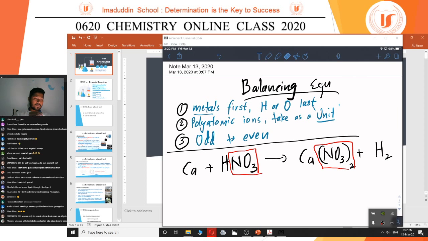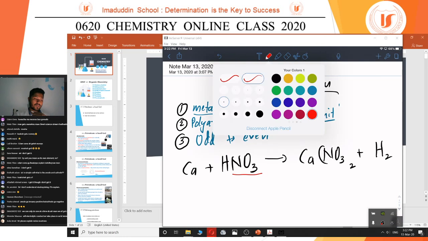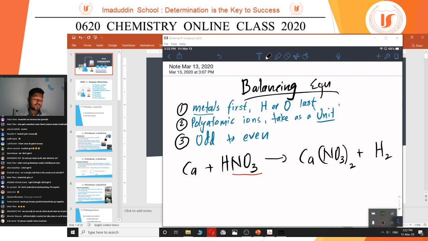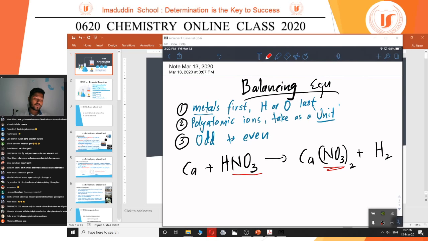So if you have two nitrates on the right side, you can introduce 2 in front of the nitric acid, because you have 2 nitrates here.